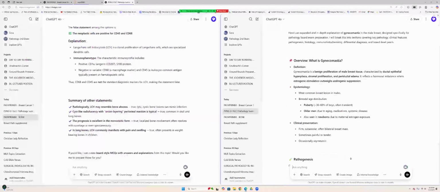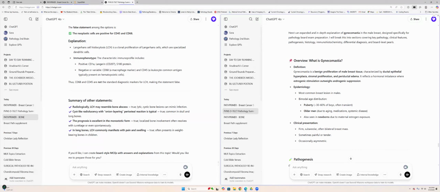Let's continue. So, what causes it? It's hormonal. Hormonal imbalance, where estrogen stimulation outweighs androgen suppression.